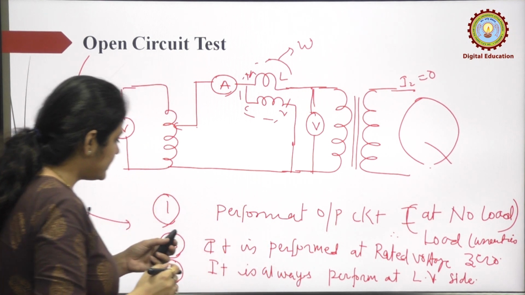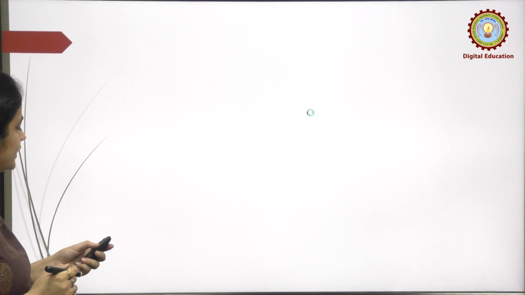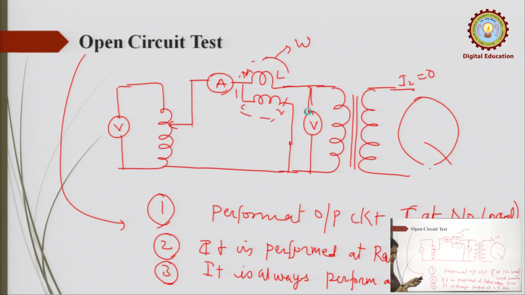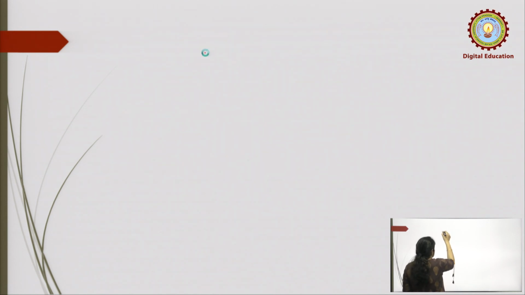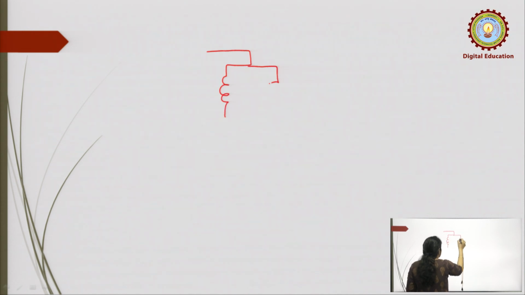Now, if it is open circuit, what is the kind of equivalent circuit? We will see. The equivalent circuit at open circuit becomes this.